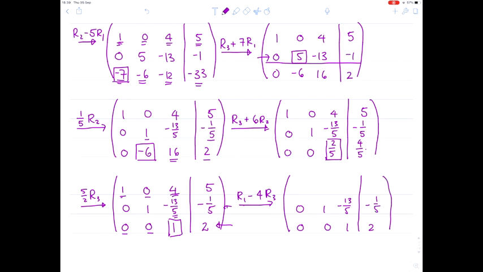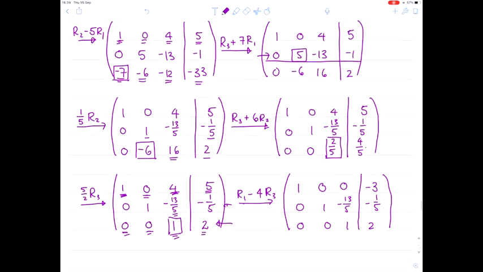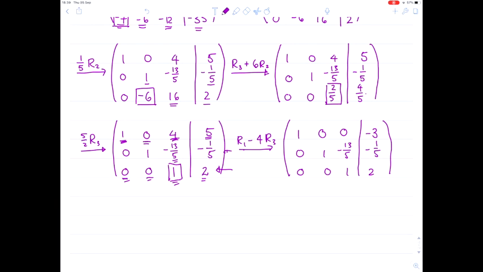Okay, so we've got 1 minus 0, which stays as 1, 0 minus 0, which is still 0, 4 minus 4, which is 0. Now we've got 5 minus 8, which is minus 3.